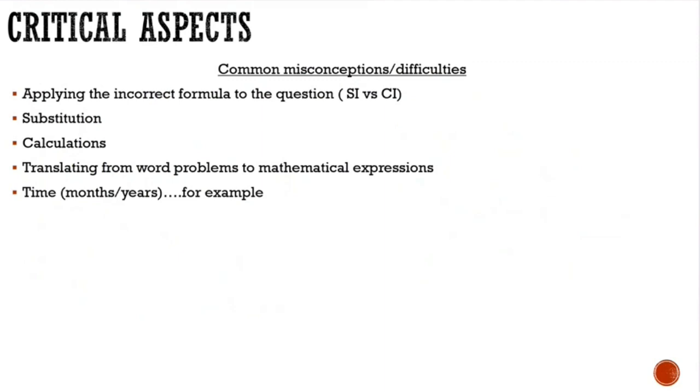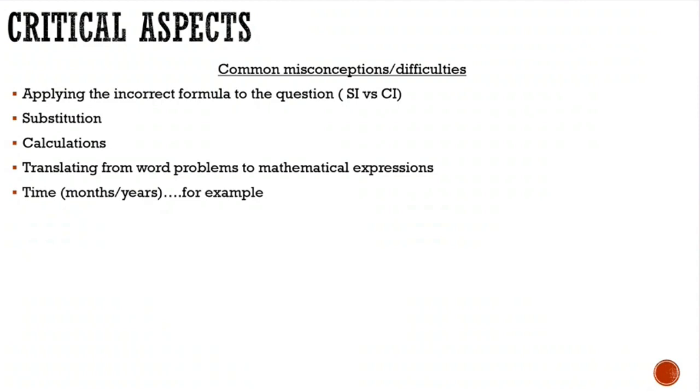Okay, so other critical aspects that you might be having, the issues. Check out what is your common error. Is it because you cannot understand the formulas? Let us deal with those. If you think you are having problems understanding the formulas, also substituting the correct values into the formula. The calculations can also be problematic. You don't know how to calculate, or you've got difficulties.